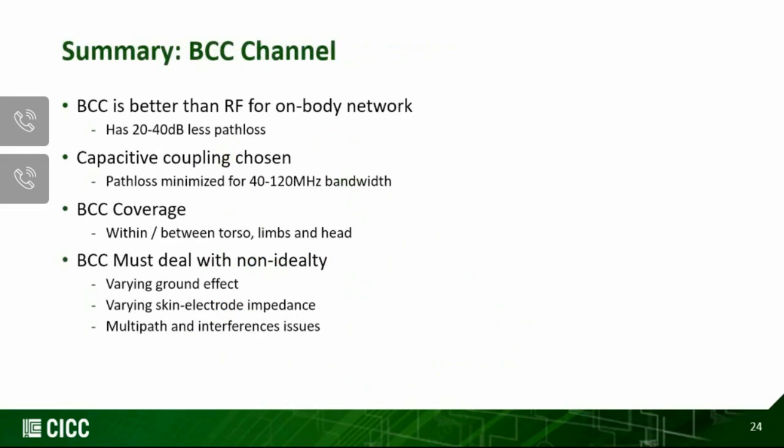So let's summarize the body channel communication for the capacitive coupling BCC. What's the channel configuration or channel characteristics? We can see that the BCC is actually better than RF for on-body network. On-body is very important, which has around 20 to 40 dB less path loss. And capacitive coupling BCC is chosen because the path loss is minimized, at 40 to around 80 dB, for 40 to 120 megahertz bandwidth, but preferably below 80 megahertz.